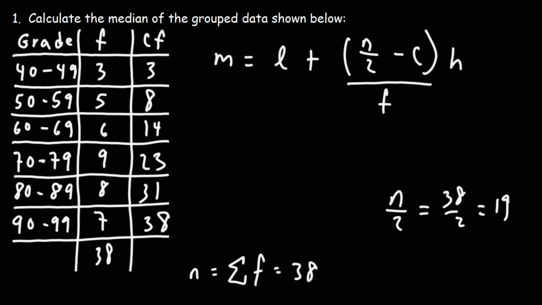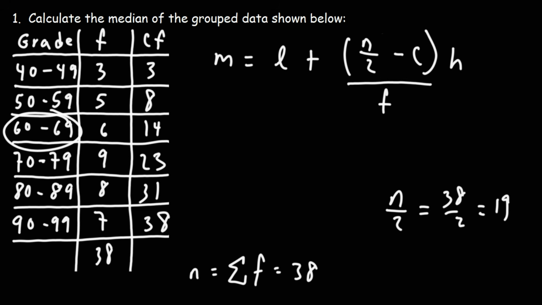So around the 19th term is where the median should be located. So which interval contains the 19th term? The first interval has the first 3 terms. The second interval has the 4th term all the way to the 8th term.